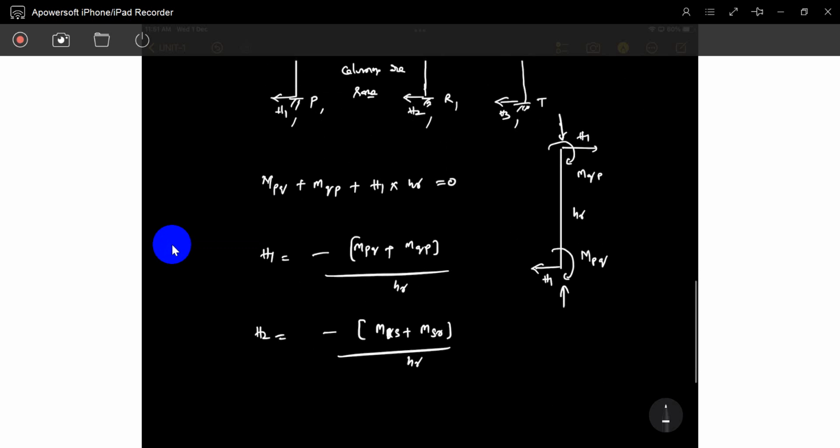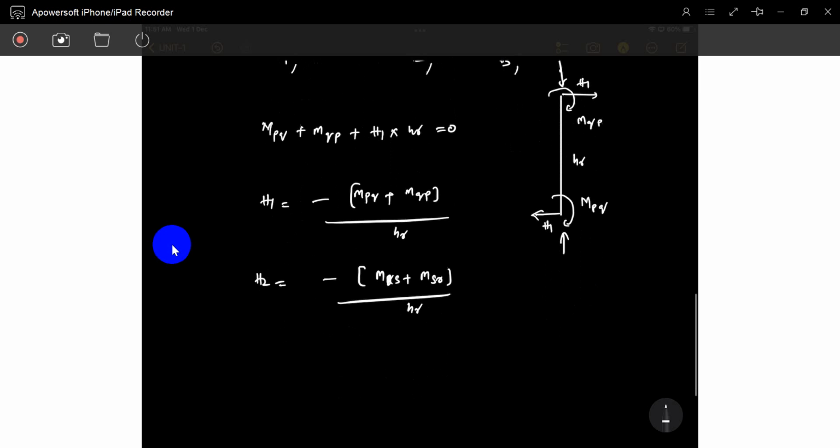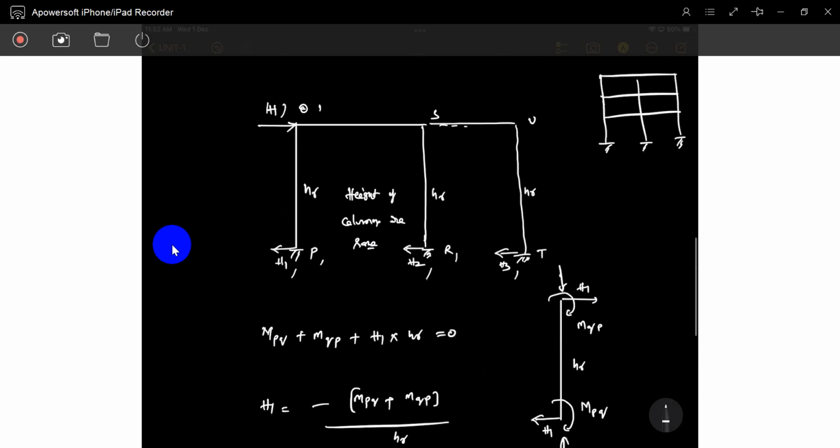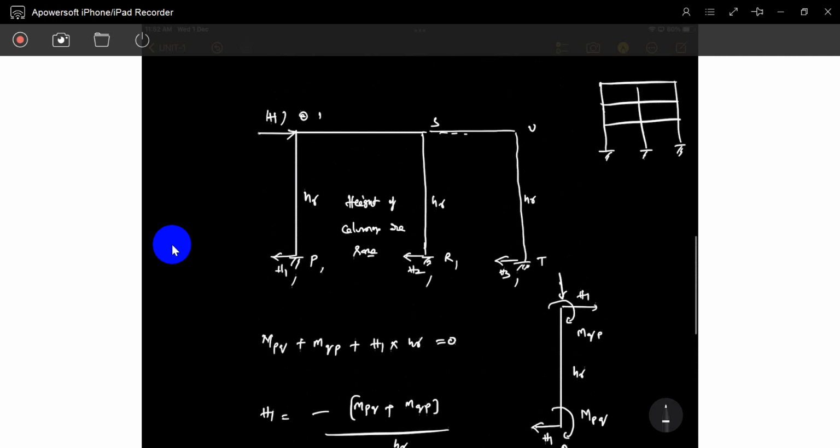If you add everything, you get the story shear H, which is H1 plus H2 plus H3, equal to the summation of MPQ plus the summation of MQP, divided by HR. The first summation means PQ, RS, TU from the bottom. The second summation means QP, SR, UT.